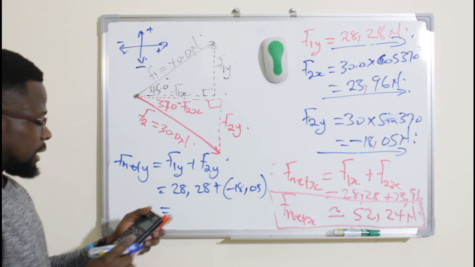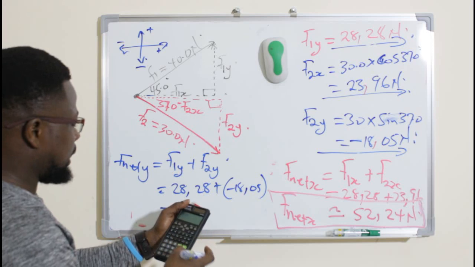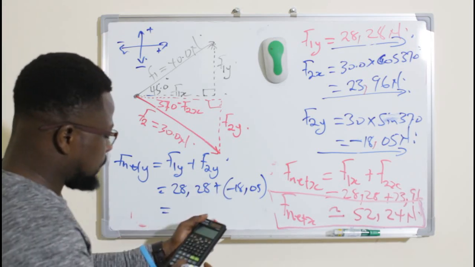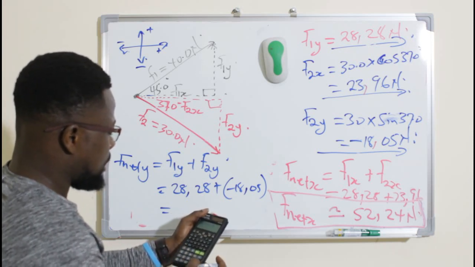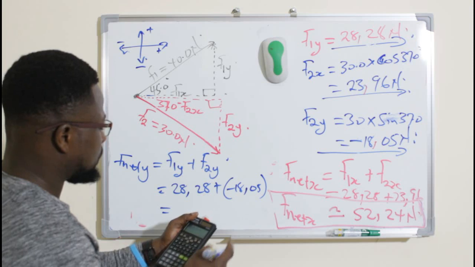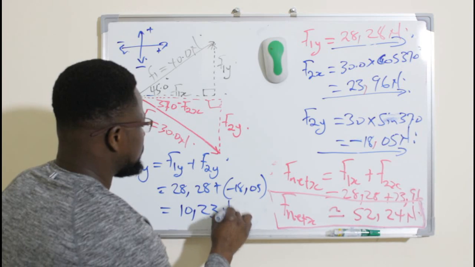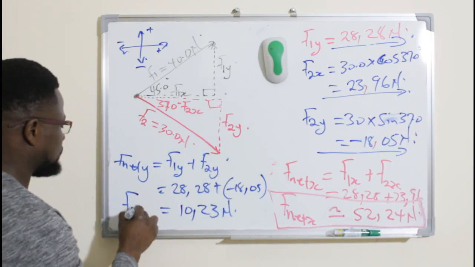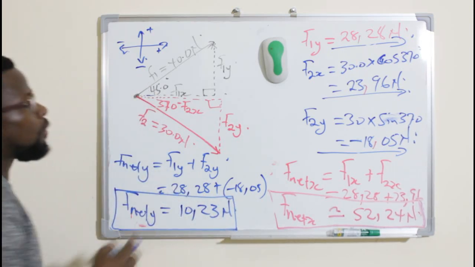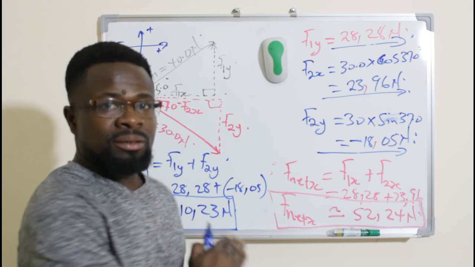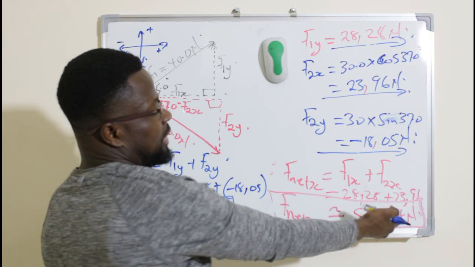So let's work that out. Positive and negative will become negative, so 28.28 minus 18.05, and I'm expected to have 10.23 newtons. So this is the net force in the y direction, and the net force in the x direction is the earlier value.